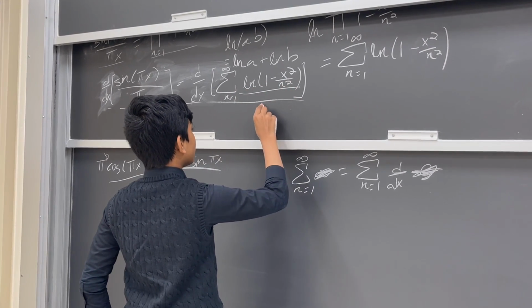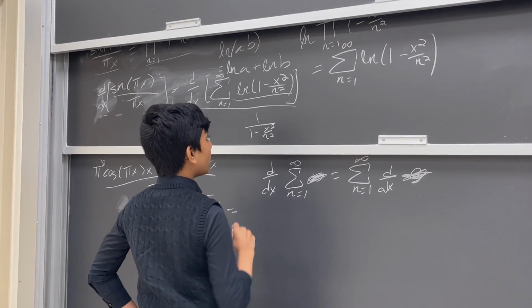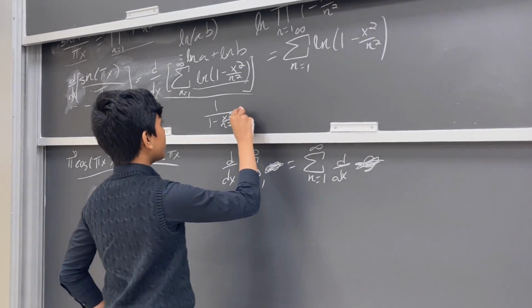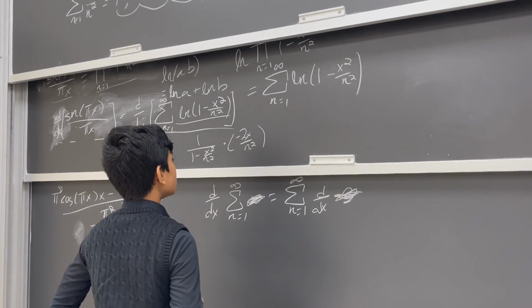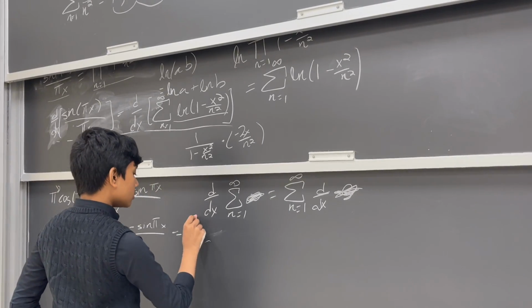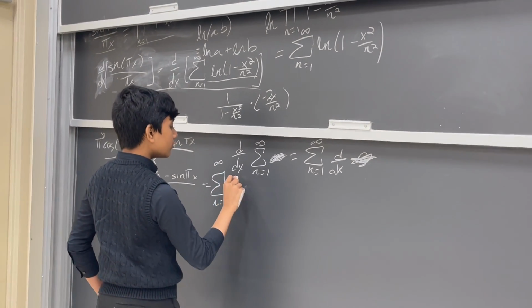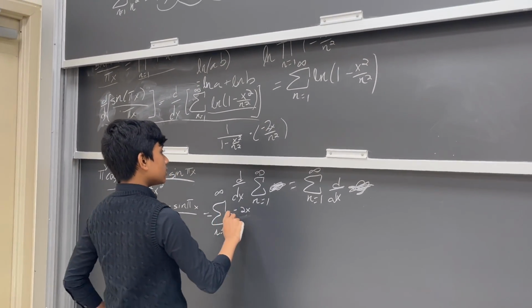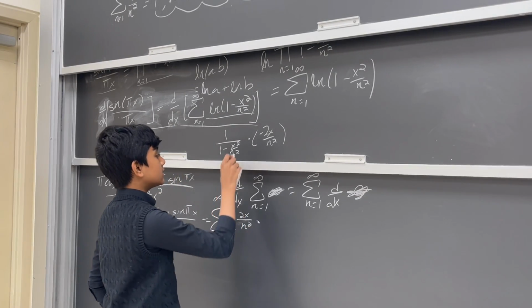Well, we have ln, so we do this first. And then by the chain rule, we multiply it by minus 2x over n squared. So then we get minus the sum of minus 2x divided by n squared times, what is this?